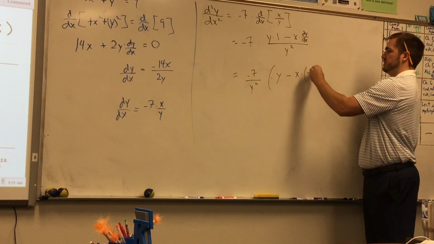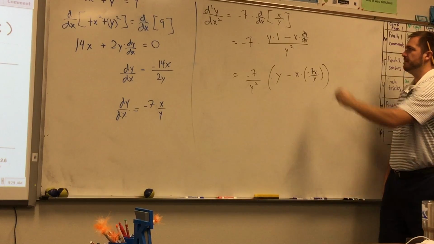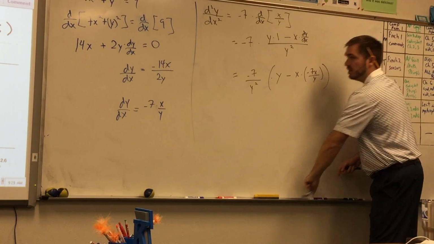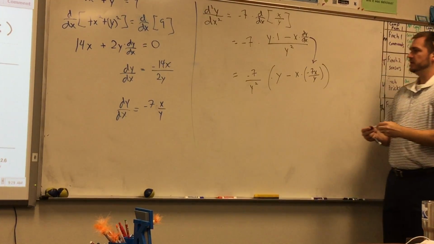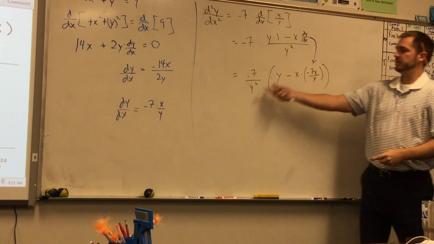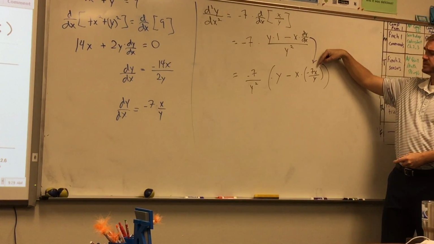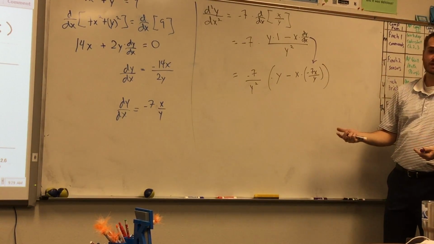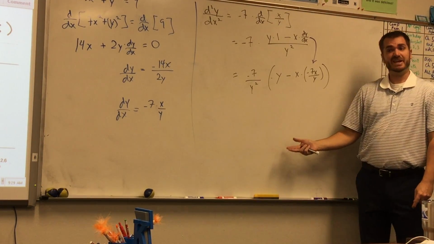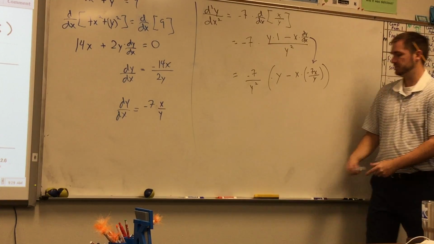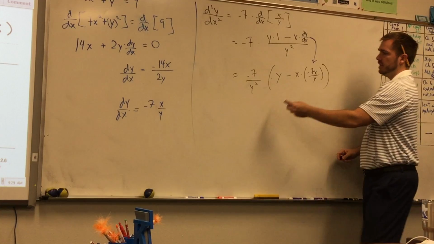So I'm substituting in, doing a lot of this kind of all in the same step just for time's sake. I pulled the y squared out here, and I'm substituting in -7x over y. The reason I have to do this is because the answer they're looking for is something simplified in terms of x, if possible.